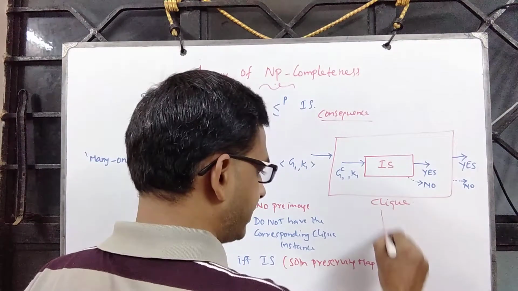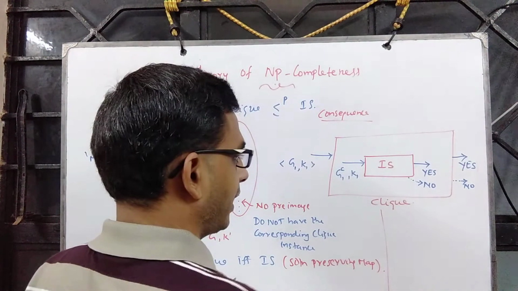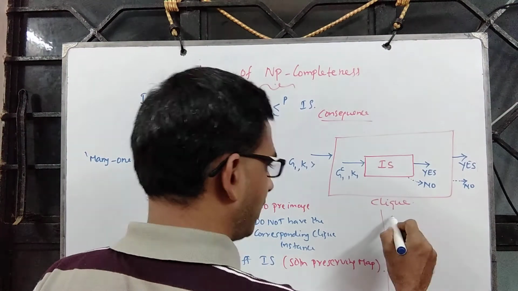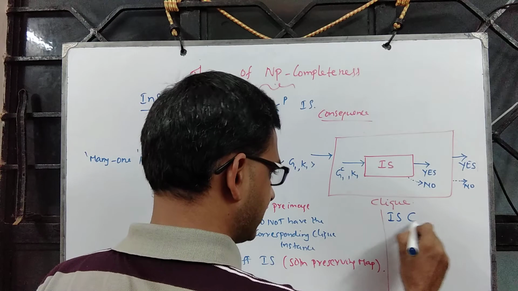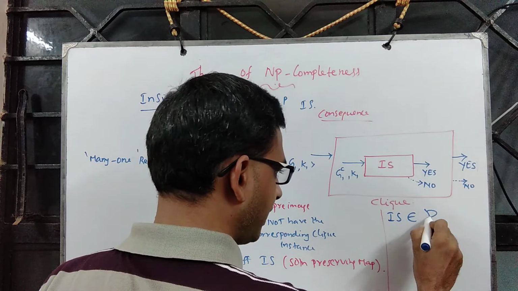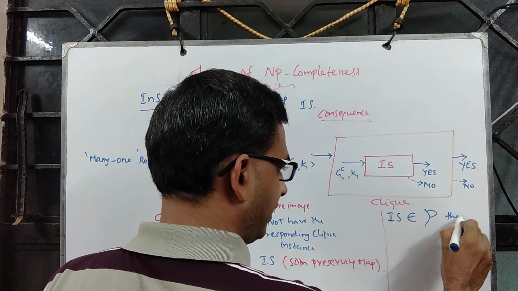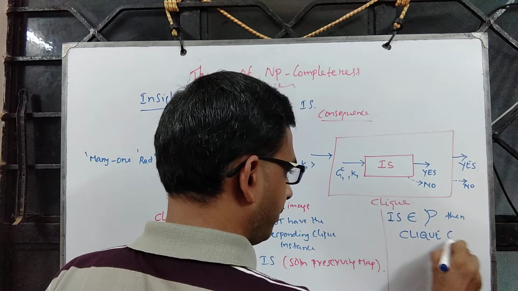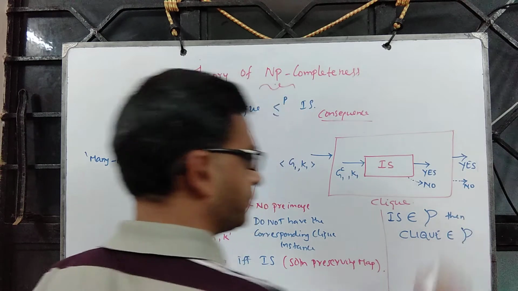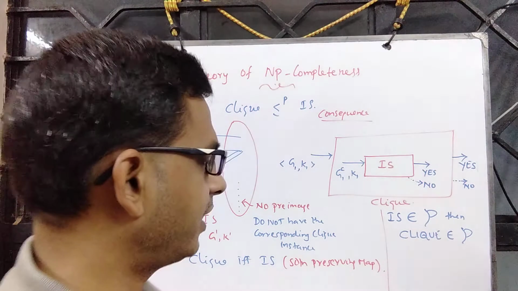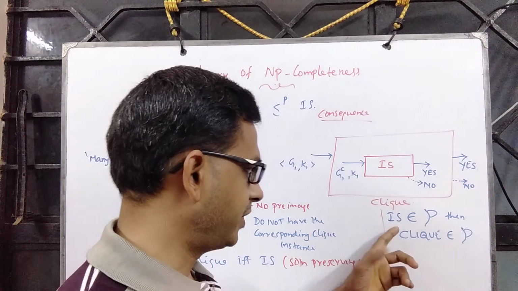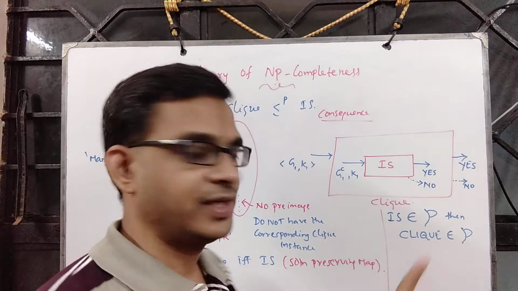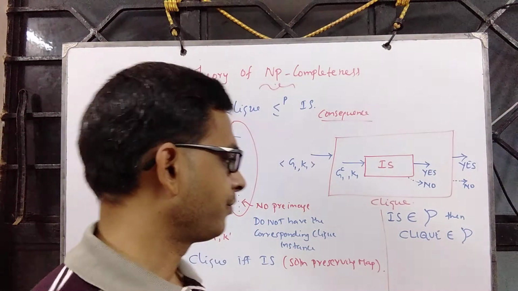Now, most importantly, if independent set is solvable efficiently, or if independent set belongs to class P, then clique belongs to class P. Meaning, if independent set is solvable efficiently, then the clique problem has an efficient solution.